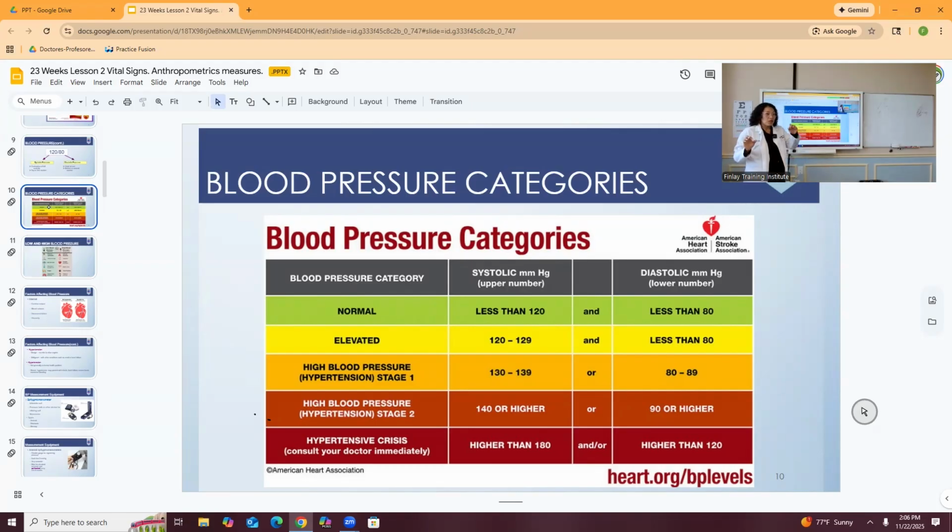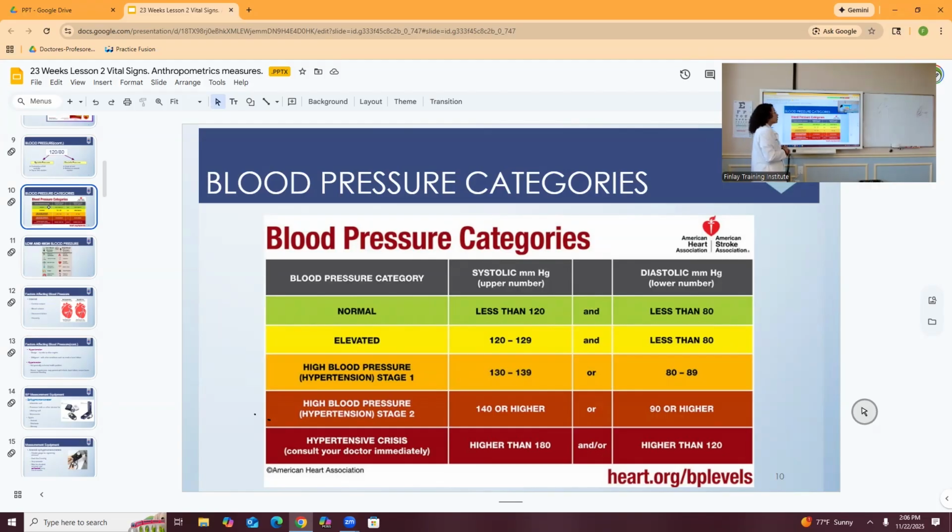So it doesn't matter if it's 118/78, that's not hypotension. It's normal based on what we see in the patient. If the patient presents symptoms and we know that this patient is hypertensive, then it's hypotension, okay? Or we can say this patient normally has hypotension or low pressure.